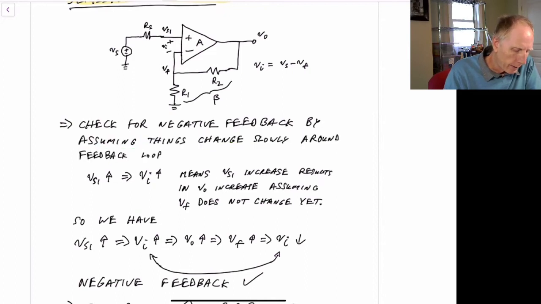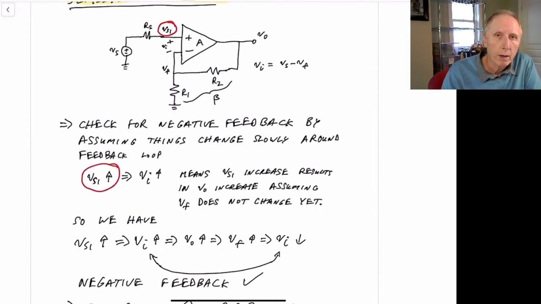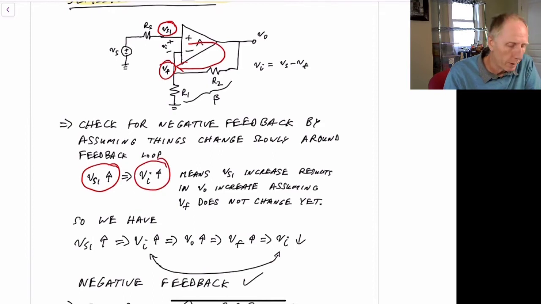So what we can say is that if things change very slowly, and when V sub S increases, so I'll write that as this terminology here, V sub S goes up, then if the feedback loop, going around this loop over here, acts very slowly, V sub F will not change. So if I assume it doesn't change instantaneously, it just takes some time to change, what we know is that when V sub S goes up, V sub I will also go up.